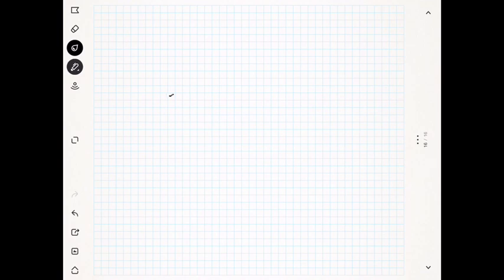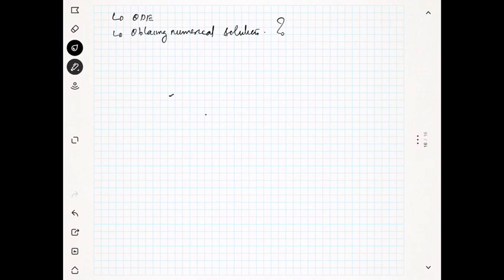So we discussed the ordinary differential equation, right? Then we are going to find, obtaining the numerical solution. How to obtain the numerical solution? Obtaining the numerical solution is a challenging task.